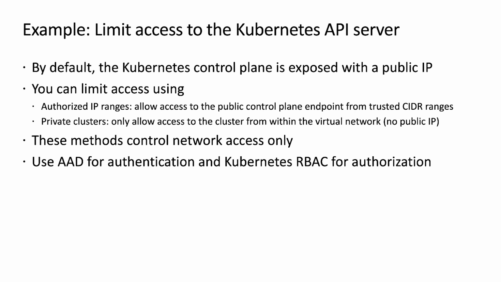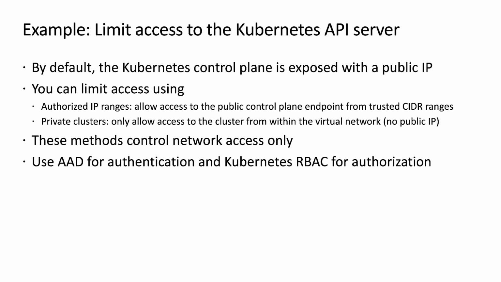The first, and the one that you'll see recommended as a default option in Security Center, is using authorized IP ranges. This is effectively a firewall where you can provide us with a set of trusted IP ranges that you want to allow access to that API server, and we will apply those firewall rules within the managed infrastructure.